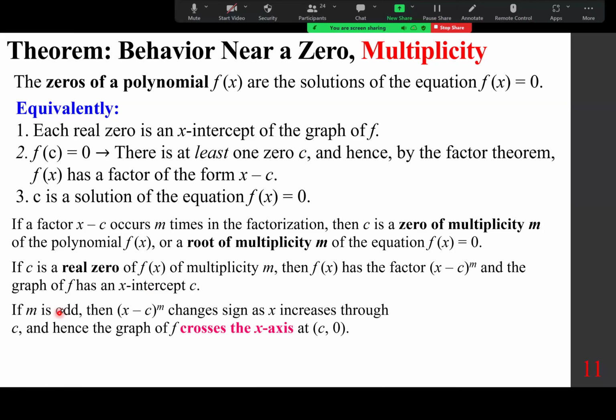If m is odd, then x minus c to the power of m changes sign as x increases through c, and hence the graph of f crosses the x-axis at c, 0. For example, at 0, 0, it crosses, because to the left of 0 is negative, and negative to the power of odd is negative. To the right of 0 is positive, and positive to any power, odd or even, makes no difference, is positive.